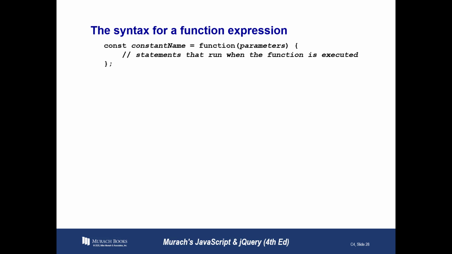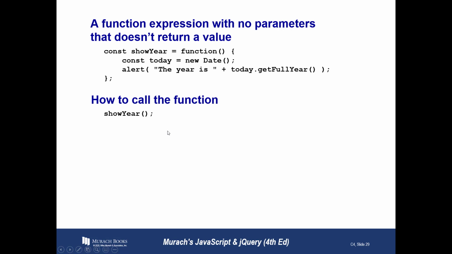You can also have function expressions. In many ways, JavaScript is unique like this because it allows you to use a function as a variable. So you can assign a function to a variable, and here's an example of that.